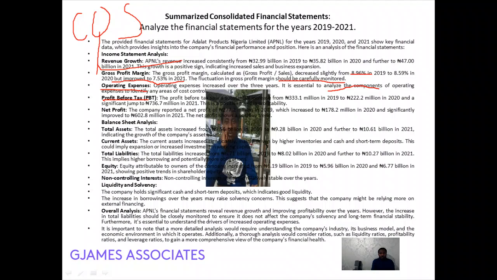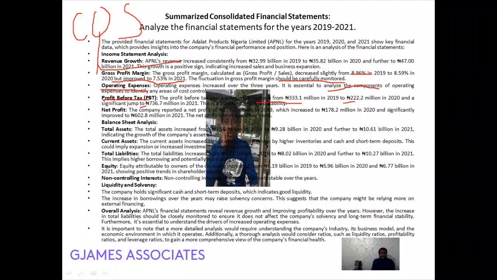Profit before tax was increasing from 2019, 2020 to 2021. It actually jumped.